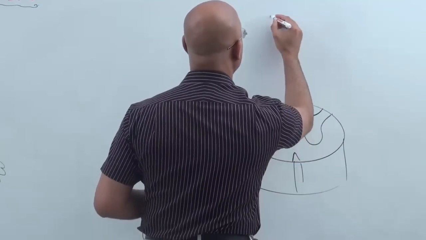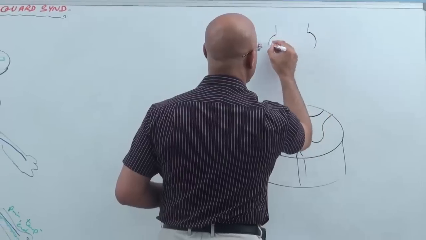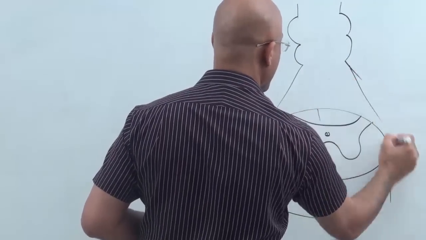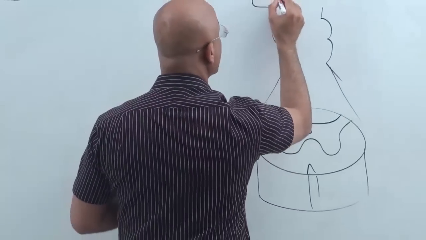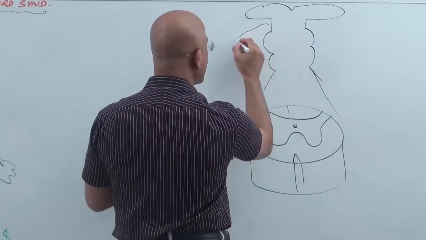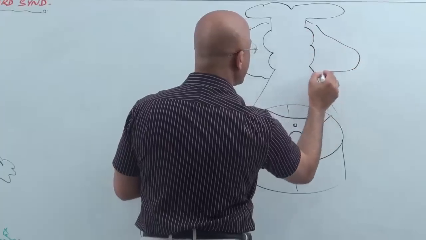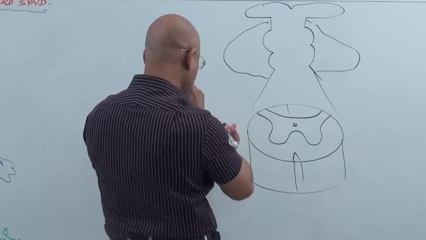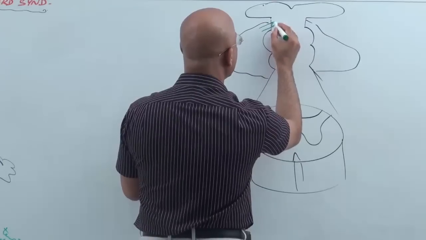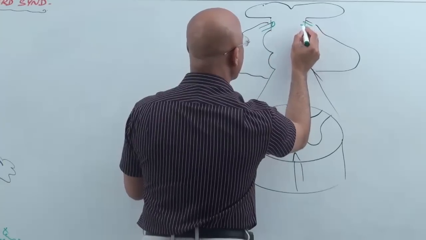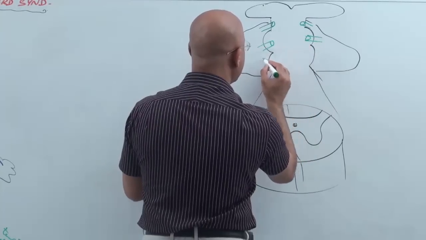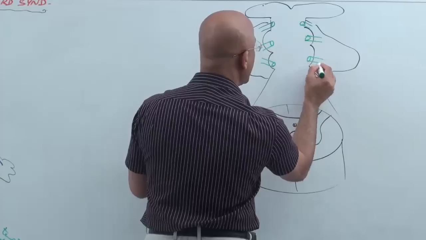Let's suppose here is your brainstem, midbrain, pons, medulla, and here I enlarge. Okay, and here is your cerebellum. And here are your cerebral peduncle. Superior cerebral peduncle, yes. Middle cerebral peduncle, and inferior cerebral peduncle.